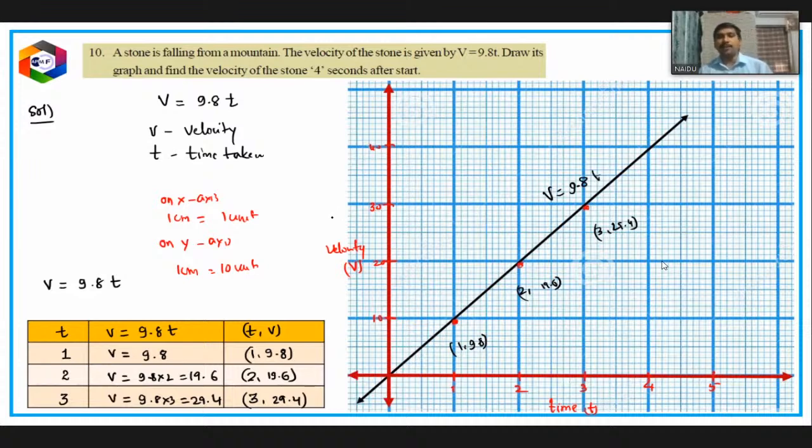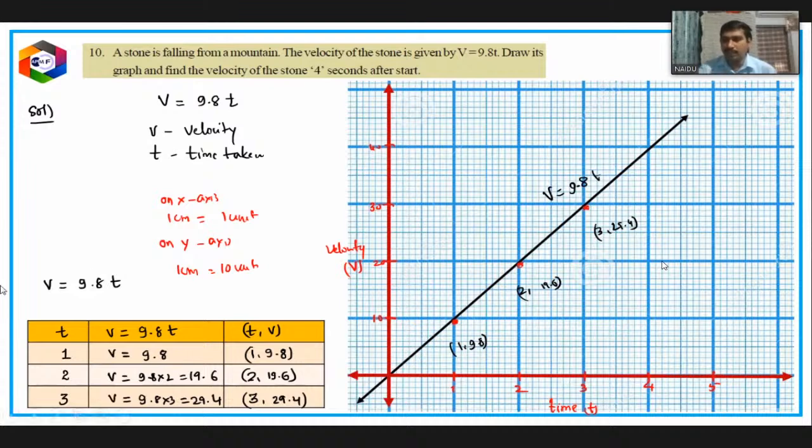So the graph is completed. Now the question asks, after 4 seconds, what would be the velocity? So from the graph, we have to calculate the velocity. As we discussed yesterday, 4 seconds means time on the x-axis. So at 4, draw a line vertically to touch the graph.